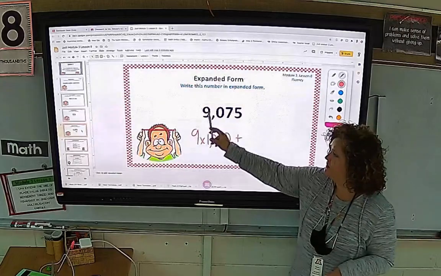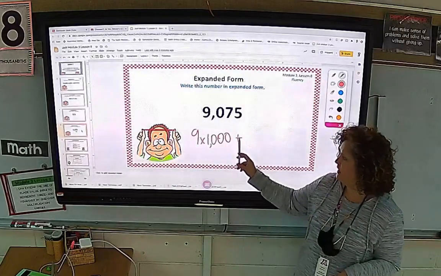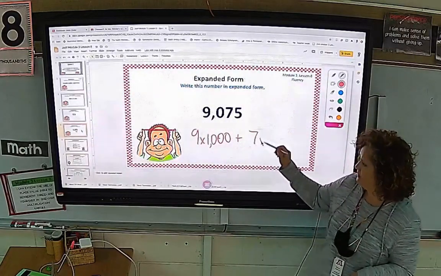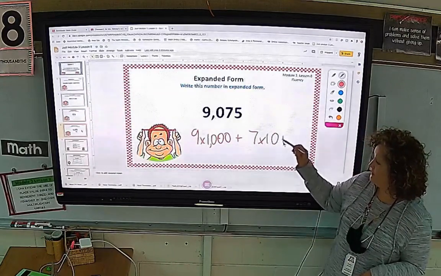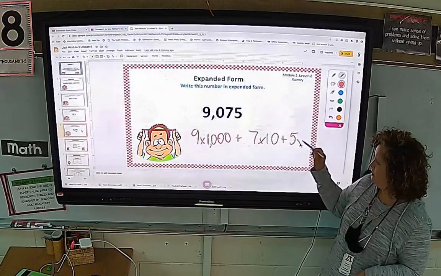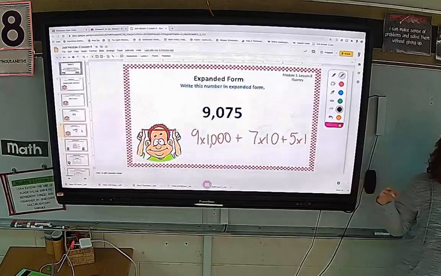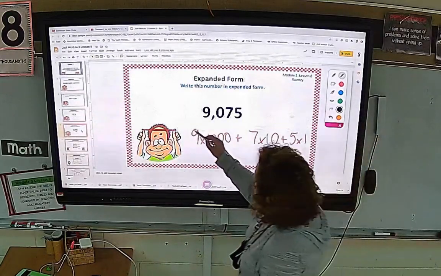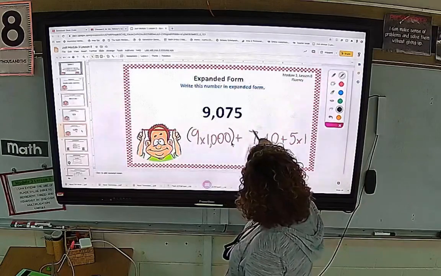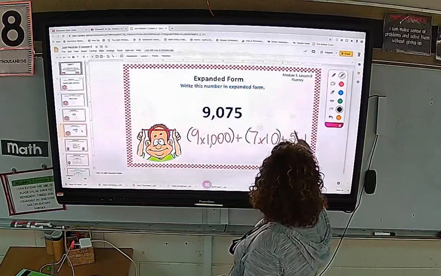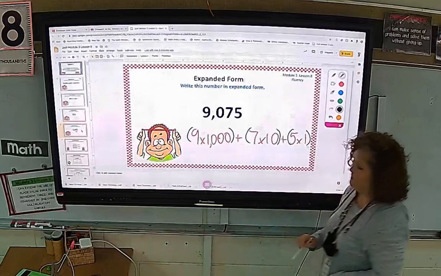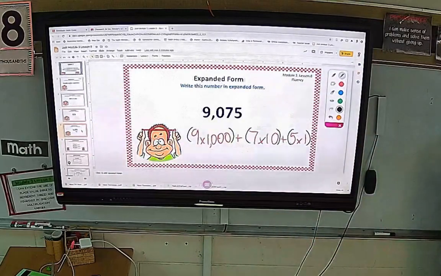So it's 9,000, or 9 times 1,000, plus 7 times 10, plus 5 times 1. Now, if that kind of drove you crazy and looked unorganized and you wanted to put each of those in its own little house, some people like that a whole lot better because it looks a lot more organized.